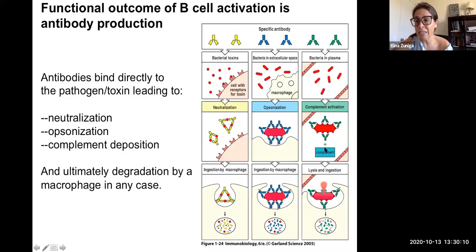The antibodies can initiate complement activation, and we know that complement activation will lead to opsonization, so enhanced phagocytic activity, and also lead to lysis due to pore formation in the membrane of the bacteria. So in all cases, with neutralization, opsonization, and complement deposition, ultimately the antibodies will help the degradation of the pathogen or toxin by the macrophages.